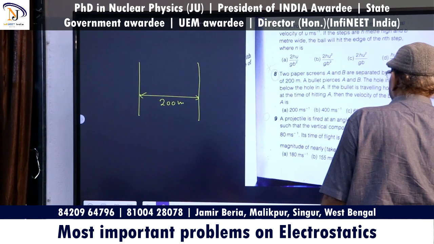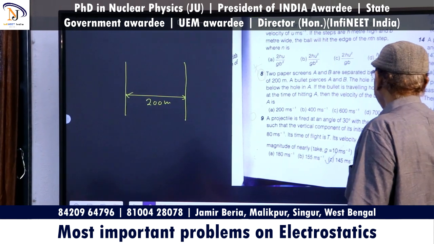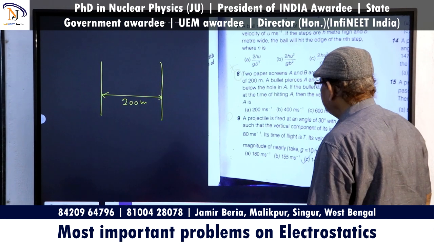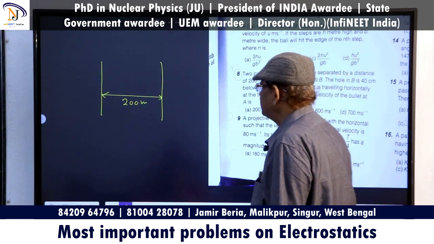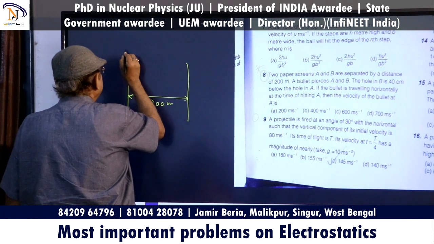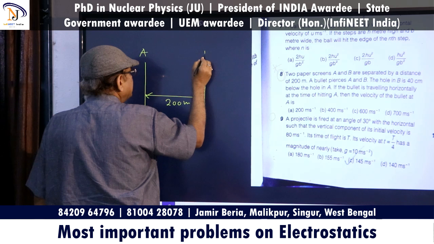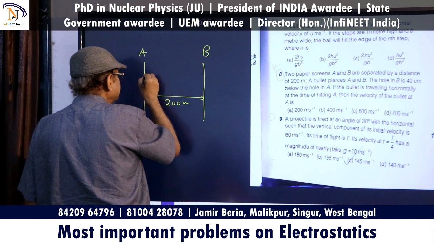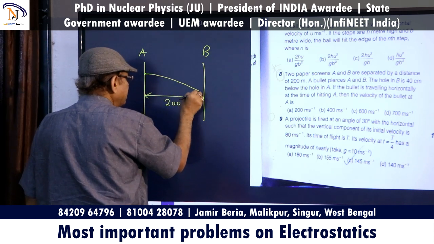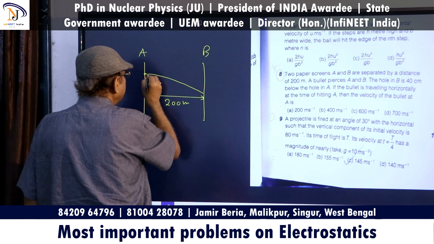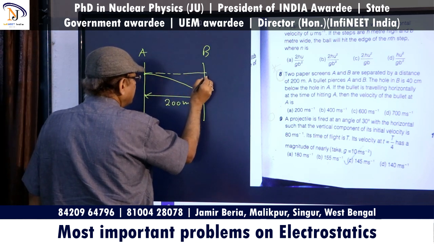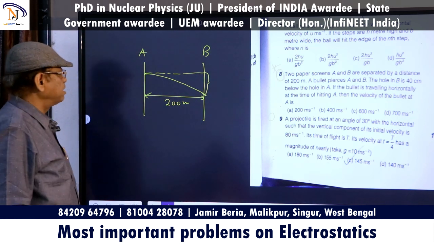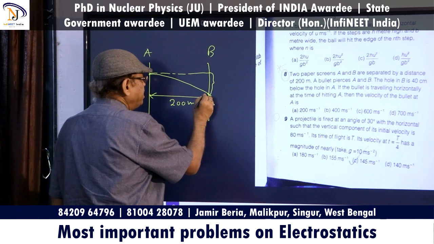A bullet passes A and B. The hole in B is 40 centimeters below the hole that is in A. This is screen A and this is screen B. Here the bullet passes, and in this way it leaves screen B.